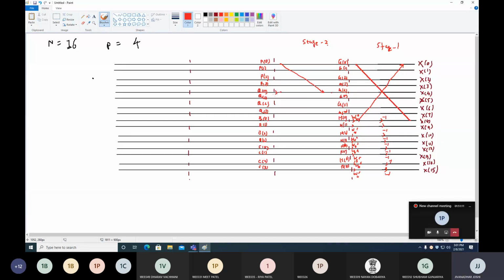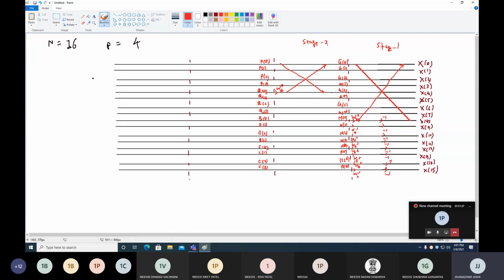But before that I need to put a twiddle factor and then it can be routed to G0. What should be the twiddle factor here? W8 કે W4? W4 raised to 0. Is it correct? Say yes or no. Yes, sir. Fine. W8.